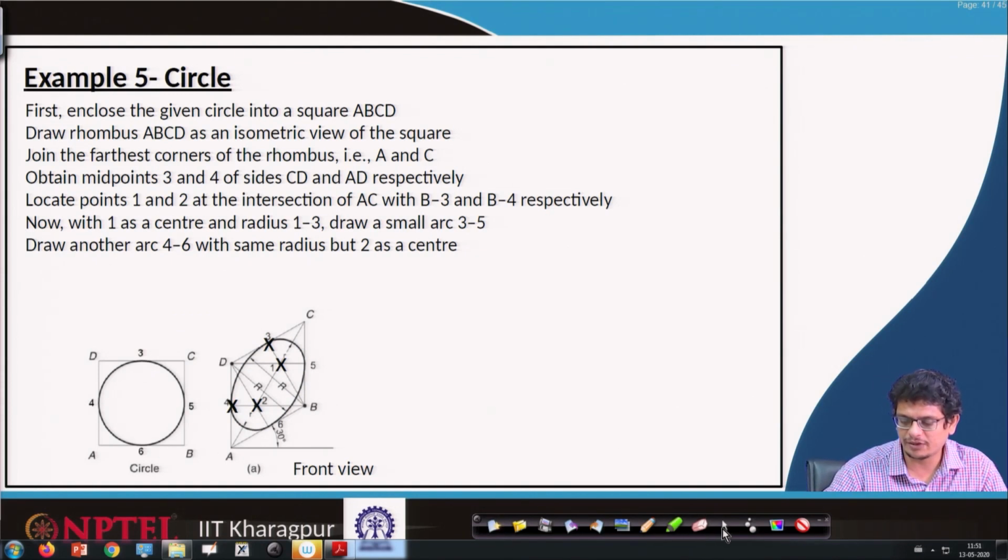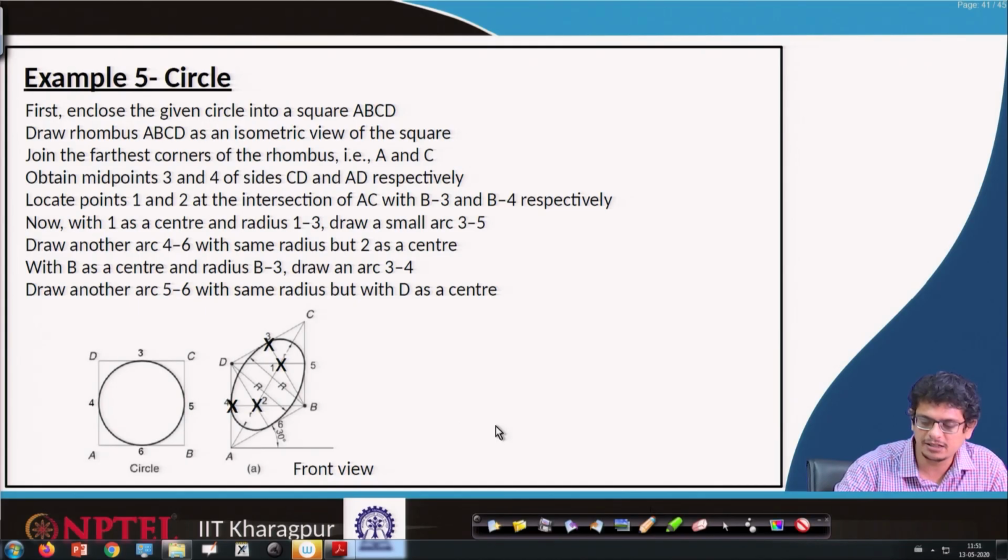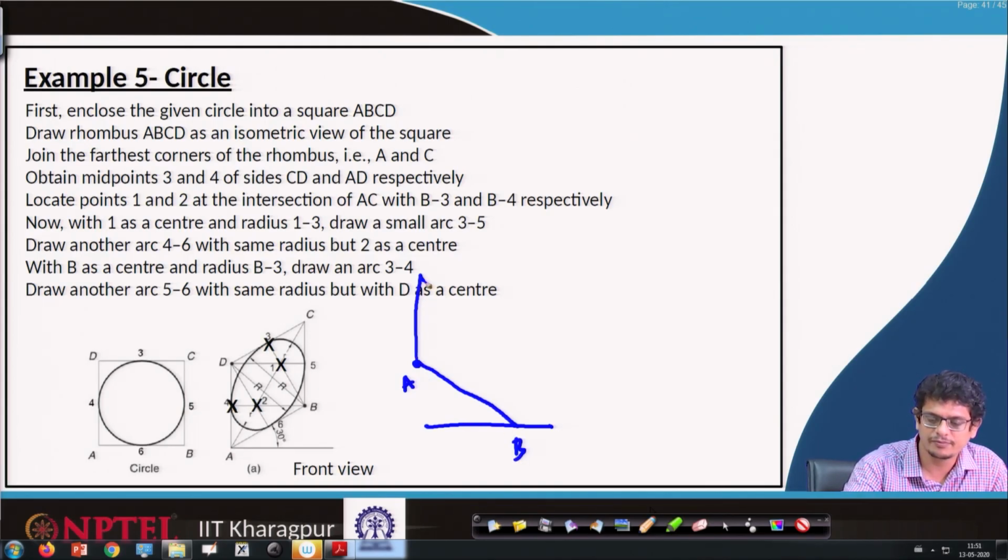Similarly, if we want the left side view, we repeat the same process, construct that parallelogram, making a horizontal 30 degrees line. In this way, locate AB points, transfer our rectangle and construct the remaining ellipse.